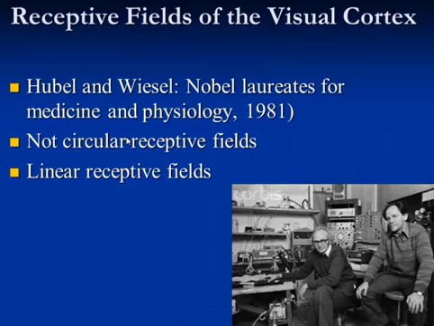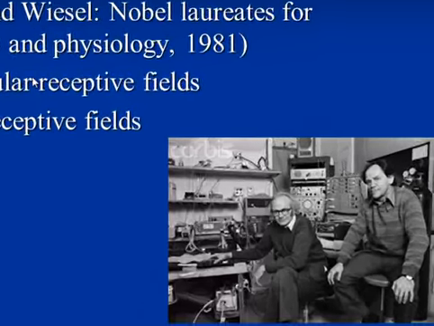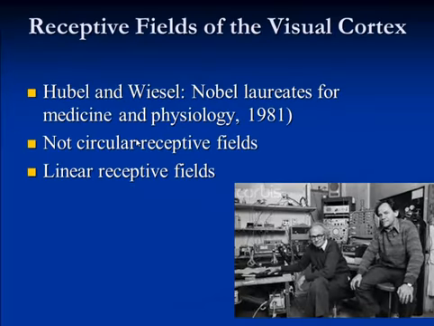Okay, so the researchers that did all this work actually won the Nobel Prize. They're Hubel and Wiesel, and they won the Nobel Prize in 1981, and they're the ones who discovered these receptive fields both in the retina and in the primary visual cortex. What they found was that cells in the retina respond in the way I just described, these on-center, off-center fields.